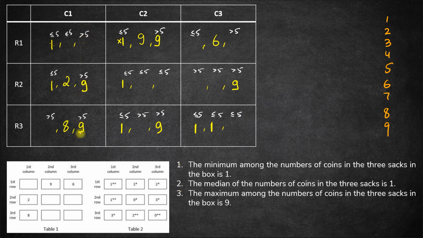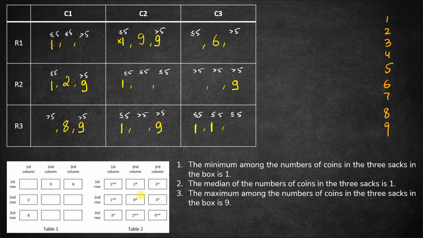Here obviously there are sacks greater than 5. Here you can have all sacks less than equal to 5, that's fine. Here you have a sack containing greater than 5. So there are 2 boxes, this box and this box, which contain all sacks with less than or equal to 5 coins.